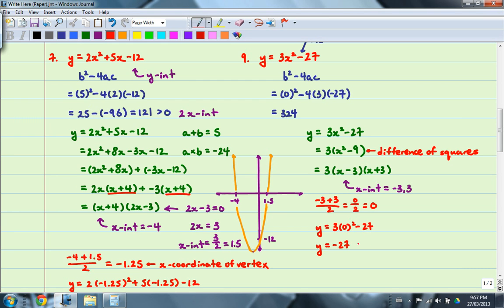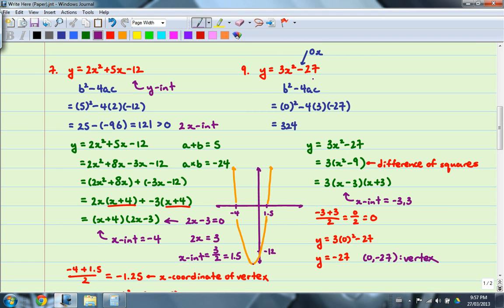So the vertex is going to be 0, negative 27. Make sure that I write that up correctly. And finally, the last part, the y-intercept, is going to be negative 27.